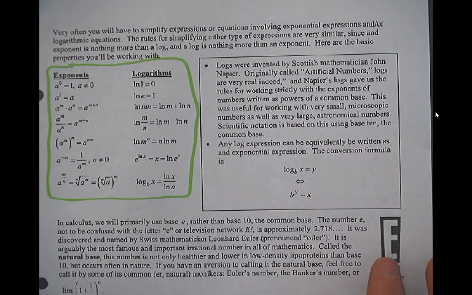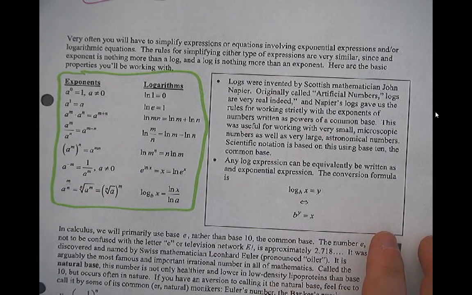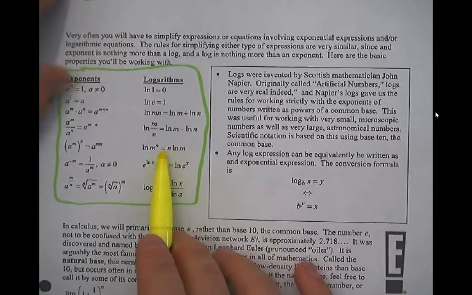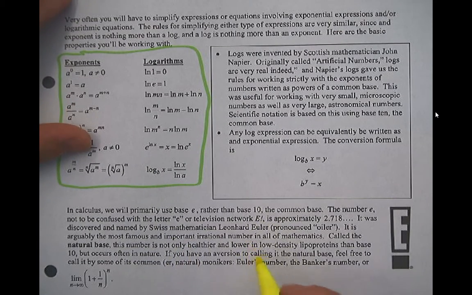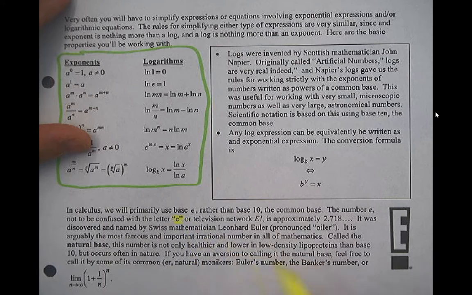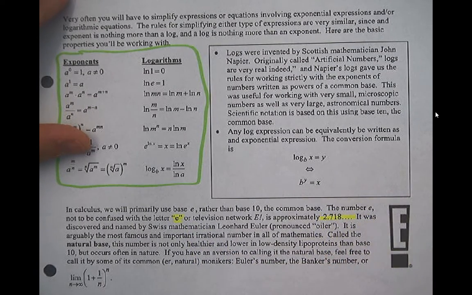The number that we usually reference when we're talking about logs and exponentials is E and natural log. We could talk about any log, but almost always when they say log, they really mean natural log. Natural log is the log with the base E, which is about 2.718.